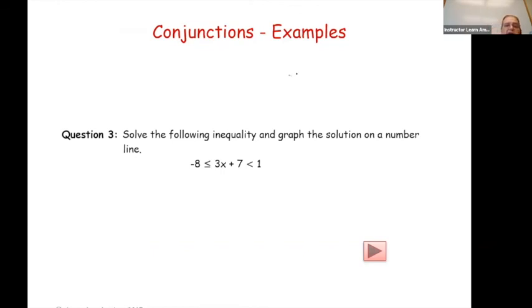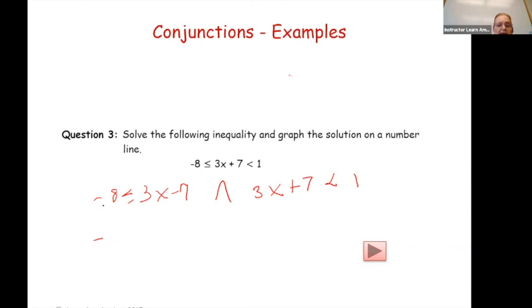Okay. So we can treat this as two separate inequalities, negative 8 less than or equal to 3x plus 7 and 3x plus 7 less than 1. So we can divide this into a conjunction.